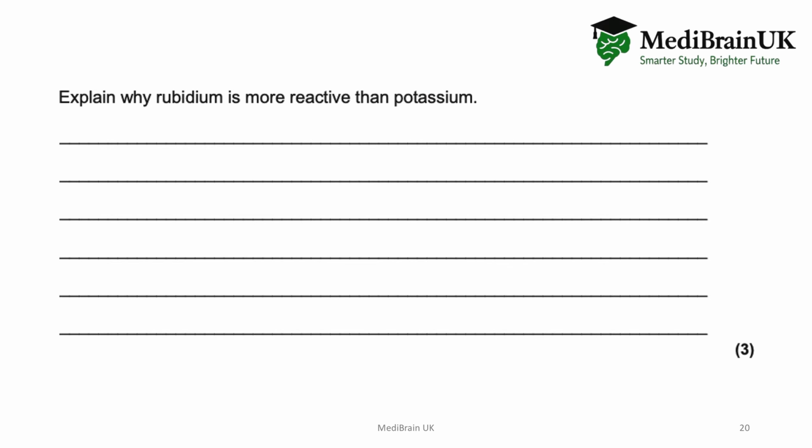So rubidium is going to try to lose the electron. Now, when you move down group 1, there are more and more electron shells which come into the atom, okay? And the outer shell electrons which are placed in the atom, they are more weakly attracted to the nucleus, which means that they are easily lost, okay?